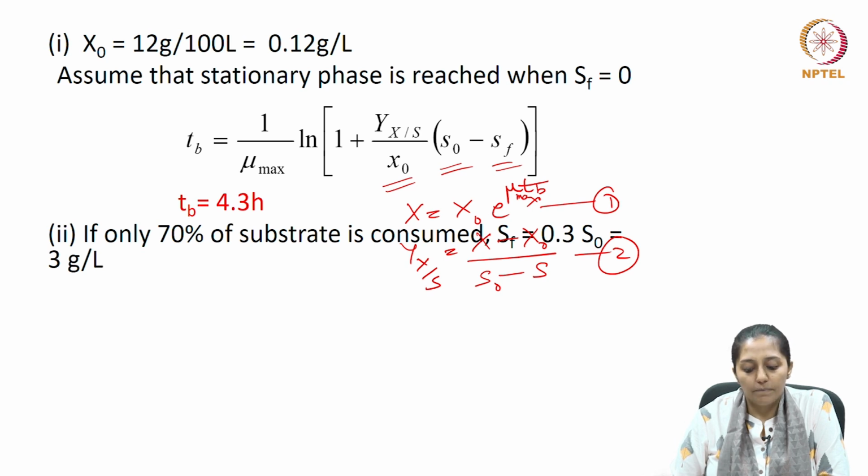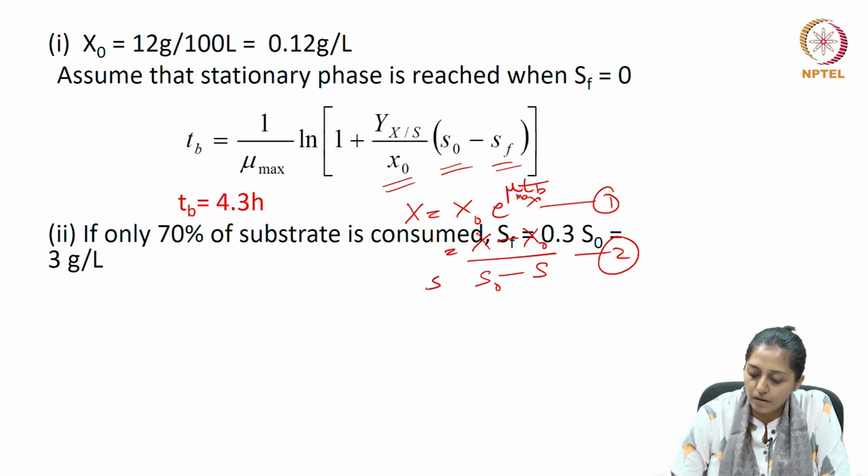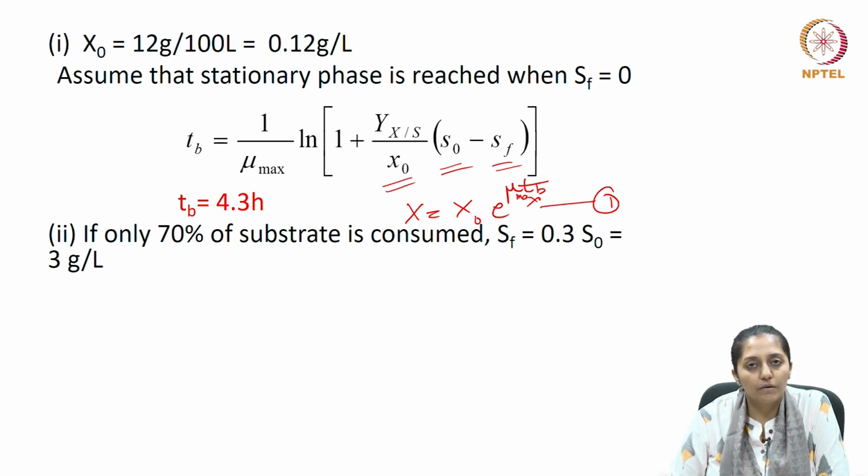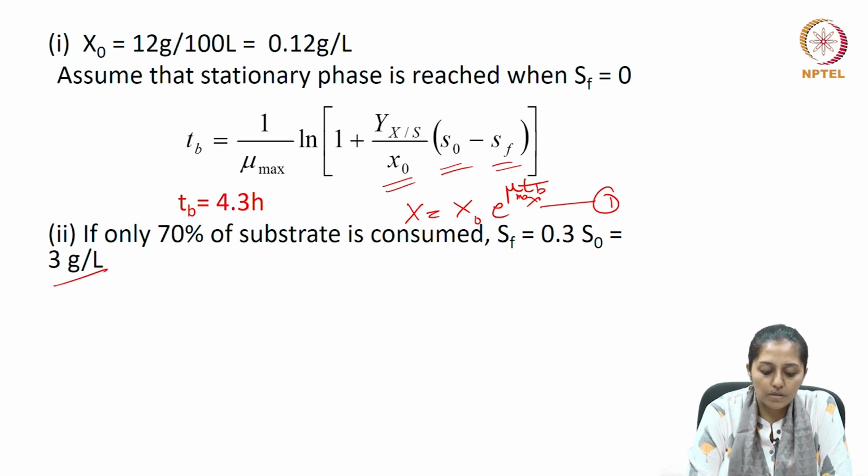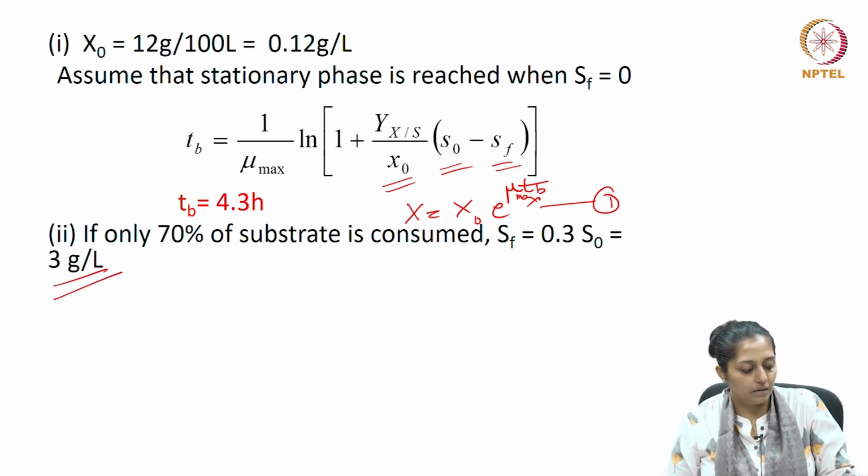Now, to solve the second part, if only 70% of the substrate is consumed, the final substrate concentration would be 0.3 times S naught, 30% of the initial substrate concentration, which turns out to be 3 grams per liter.